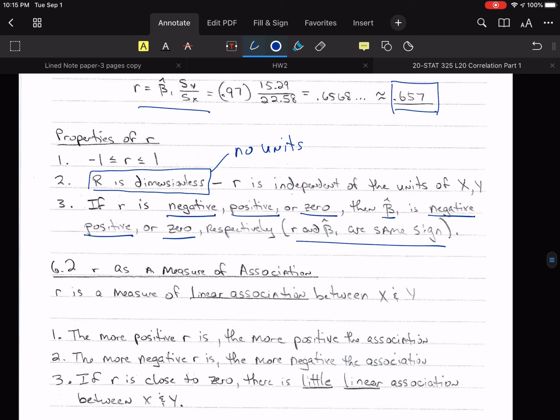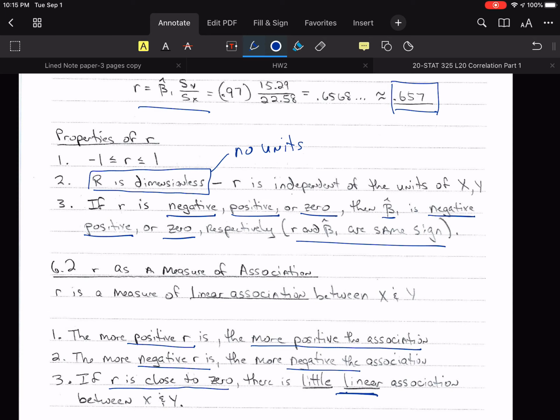Now, let's talk about this as a measure of association. The more positive R is, the more positive the association. The more negative R is, the more negative the association. And if R is close to 0, there is little linear association between x and y.